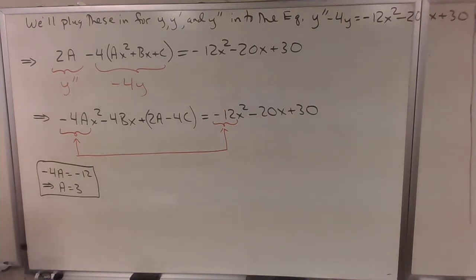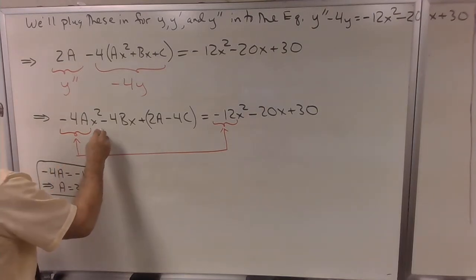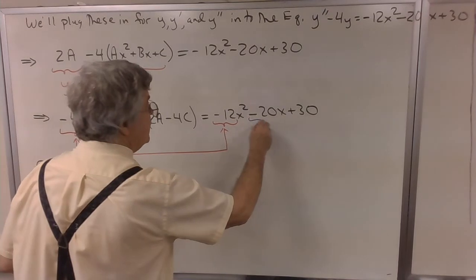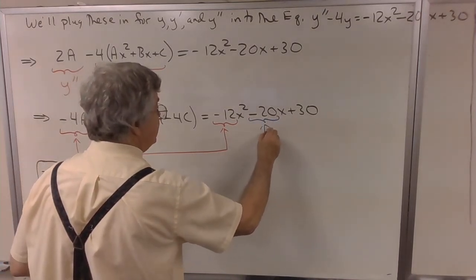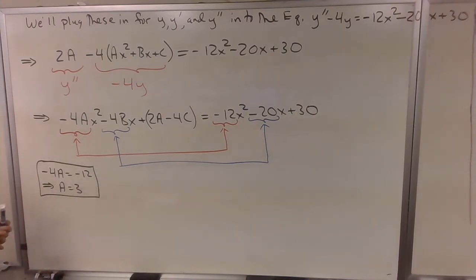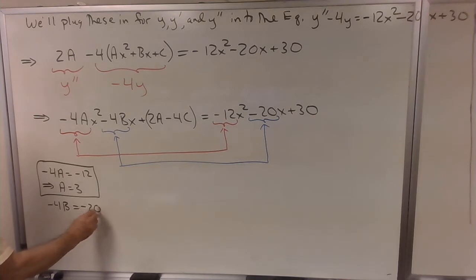Now let's look at the coefficients of x. Negative 4b and negative 20. They have to be the same because they're both coefficients of x. So negative 4b is equal to negative 20. And that means b is equal to 5.